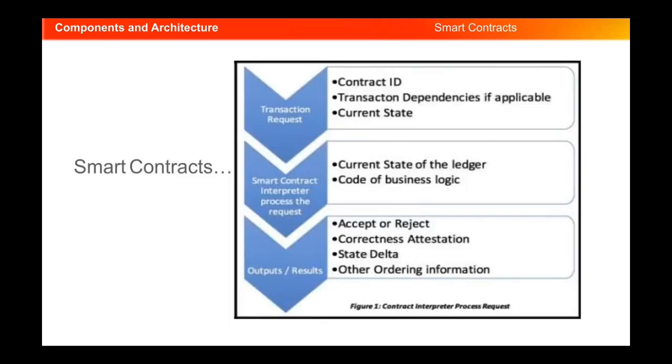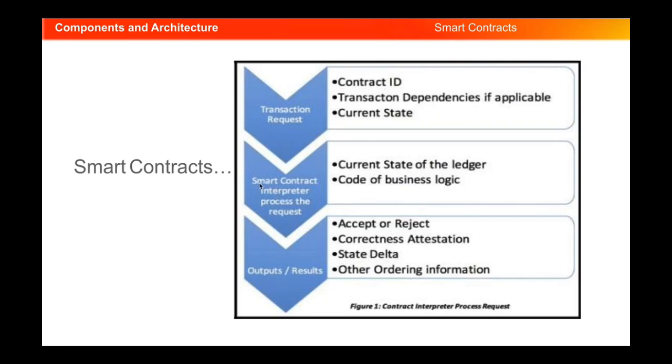So how do smart contracts work? When you deploy the chain code, you will get the contract ID. So when a transaction request comes in with the contract ID and the transaction dependency, it will look for any dependencies that are there for this transaction, and the peer also checks for the current ledger state that is present.